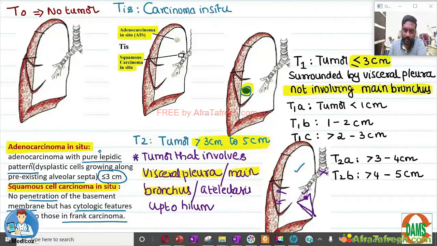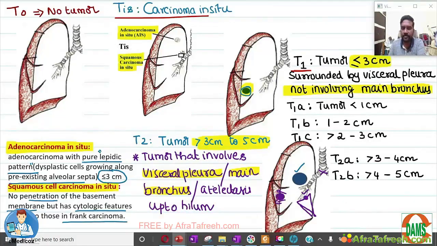So here in this slide, we clearly discussed what carcinoma in situ is. What is T1? In T1, there is no invasion. It is enclosed within the visceral pleura. And in T2, the size is more than 3 centimeter to 5 centimeter, or involving the visceral pleura.